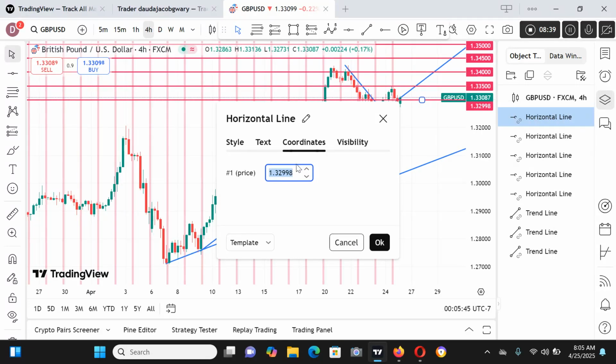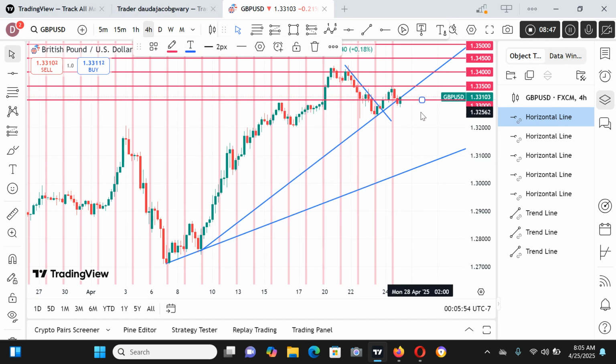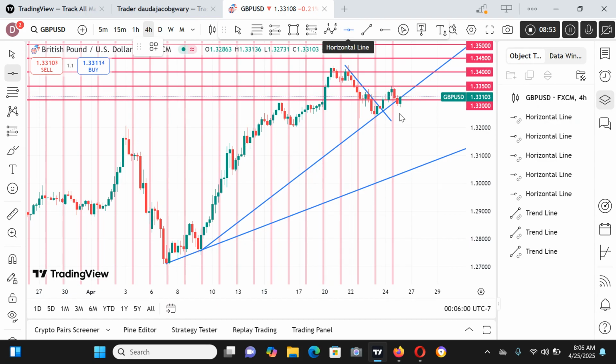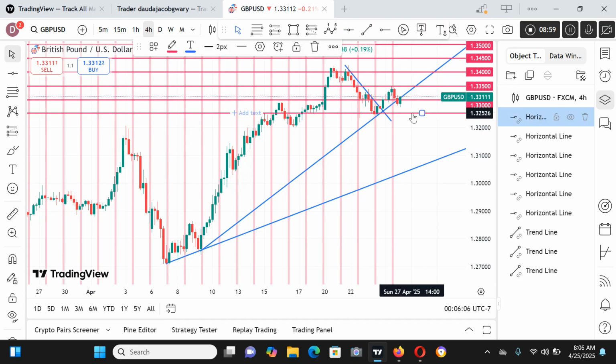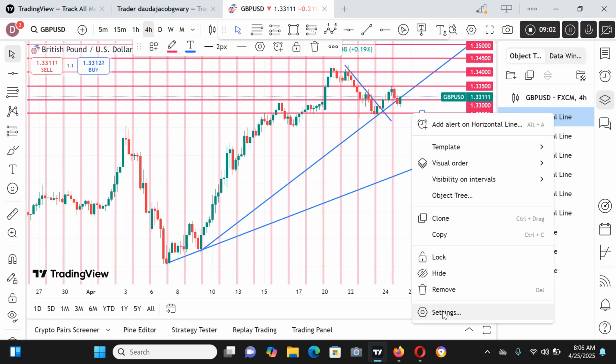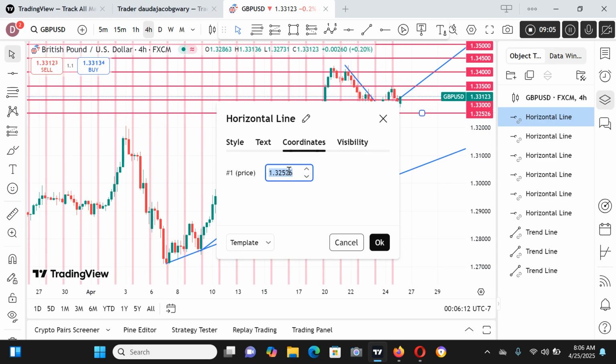And if this one is 3 3 0 0 0, the next one should be 3 2 500. Yes, that's the correct thing.